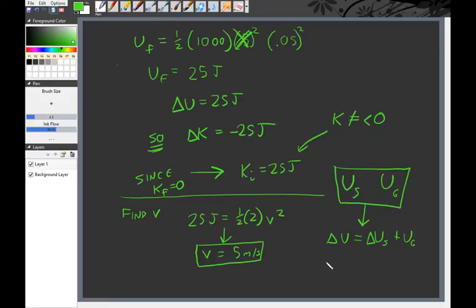If you want to look into this more, and I recommend it, in your book there's the active example 8.1. That's going to be on page 232 or 234. That looks into a situation where you have a spring that's pushing a block straight up. So that's a combination of these two.